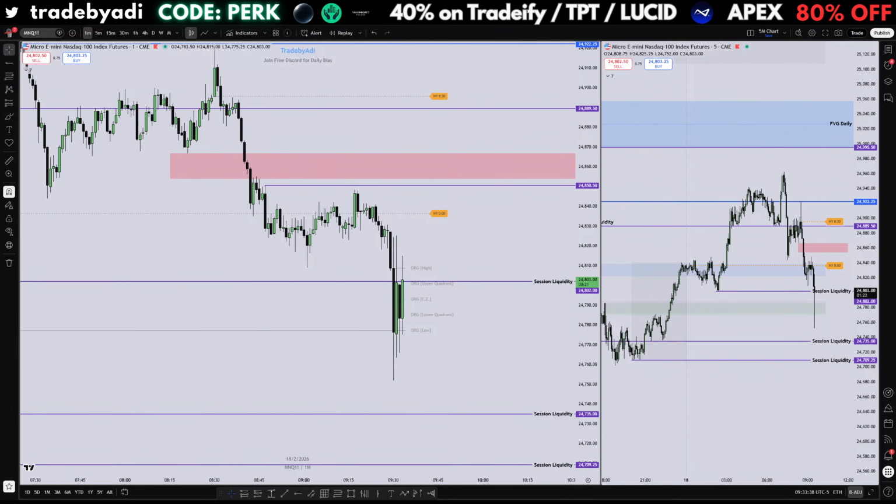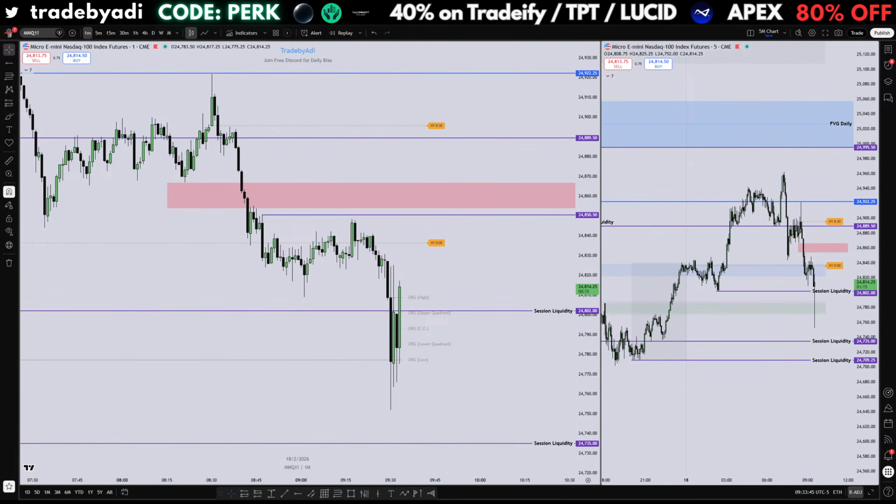We do have FOMC at 2 o'clock. This is the nearest draw on liquidity, by the way, the equal highs.